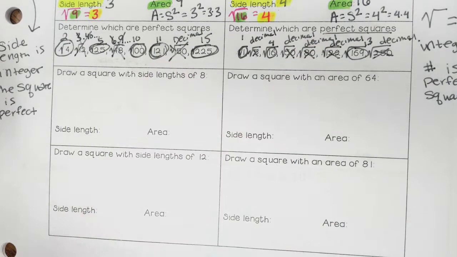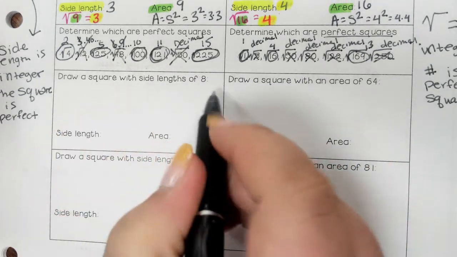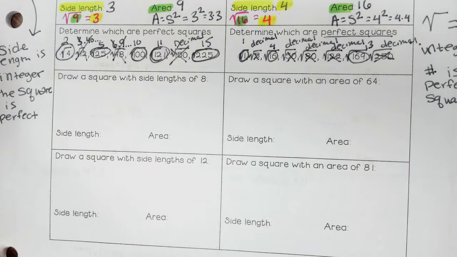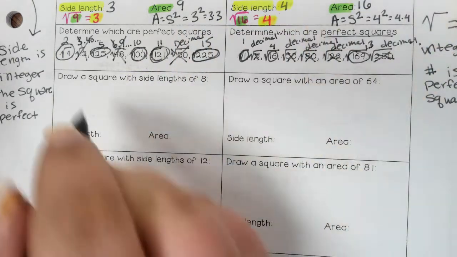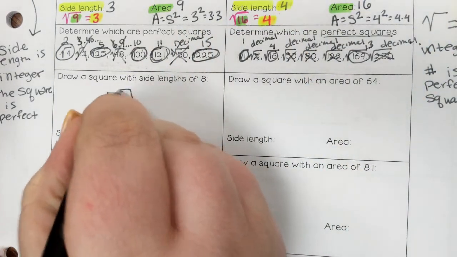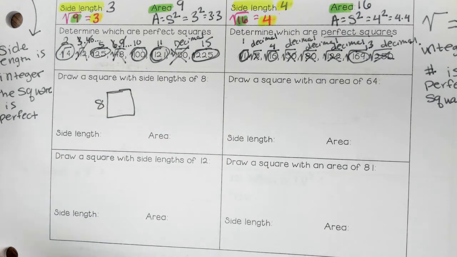We're going to use what we've seen in the first few examples to now draw a square with a side length of 8. But instead of having 8 square tiles by 8 more square tiles, I'm just going to draw one big square. I'm going to label its side as 8. So I know the side length is 8.